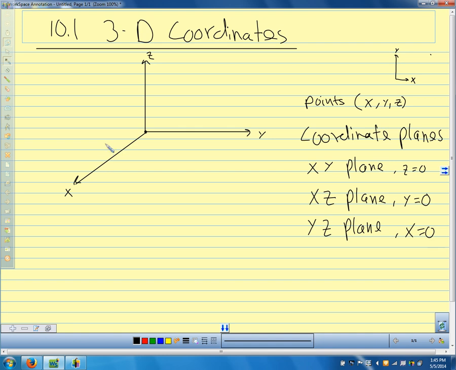We can also extend our axes. So this is the positive x, the positive y, and the positive z. The z-axis I can extend down, so we have negative z. Extend back this way so I get the negative x. And extend this way and I get the negative y-axis.